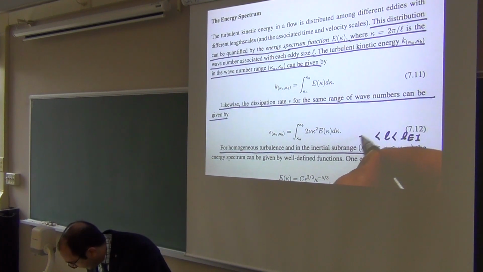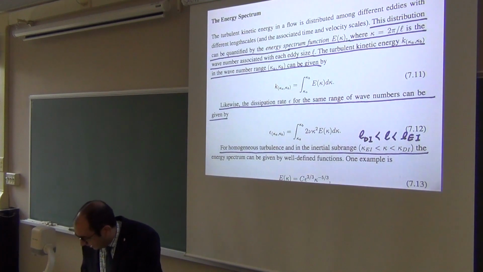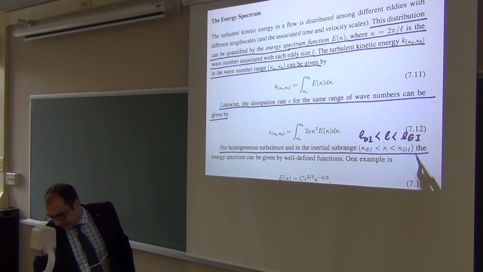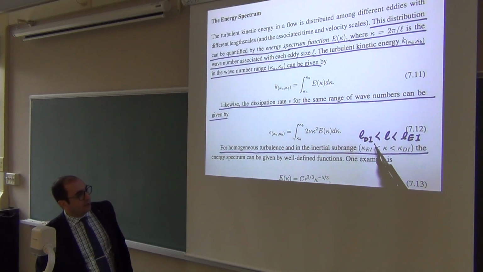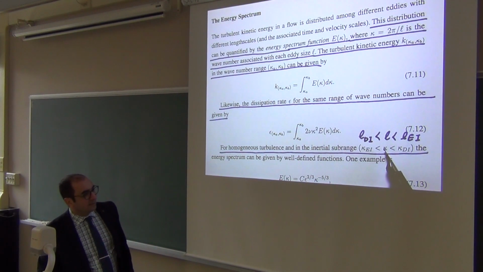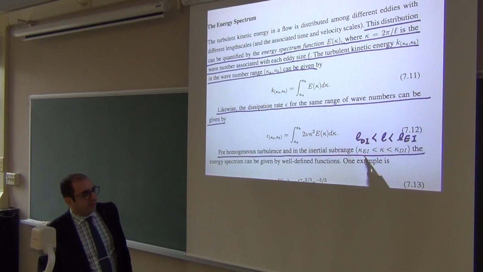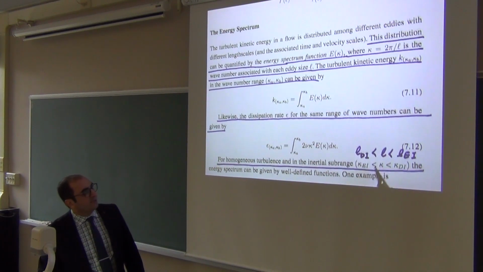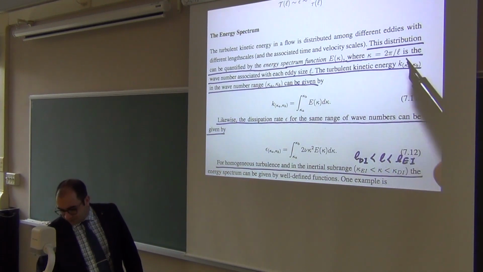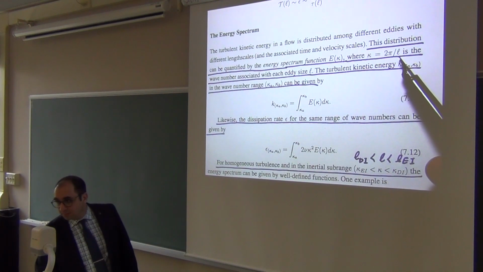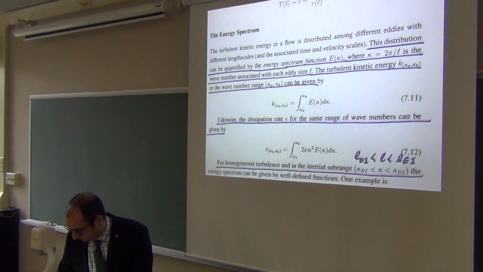It's the same as saying if you want L be between LEI and LDI, that's equivalent to saying kappa is between kappa DI and kappa EI, right? The limits swap because wave number has an inverse relationship with L. So that should not surprise you.